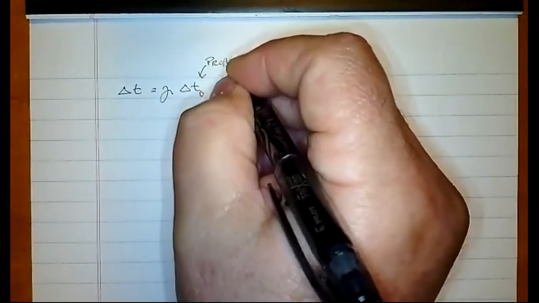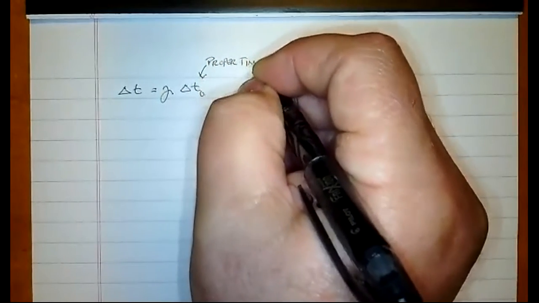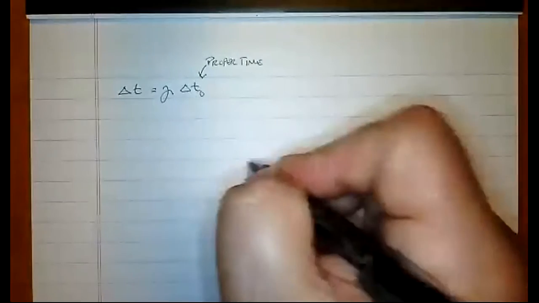So what we found was that the time interval for someone who sees another person moving, so the time interval for you on the bank of a railroad track, is equal to gamma times the time interval delta t0, called the proper time, which is the time interval measured by a person on the train.